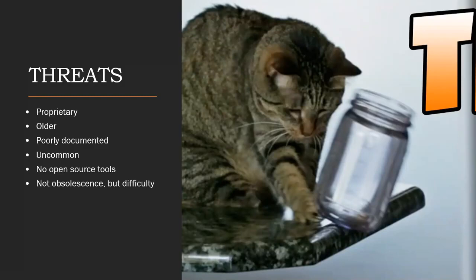That can be risky because if that company goes out of business and it's no longer supporting the file format, and it's no longer providing tools or specific software that are required to render information on a file format, then that can make it more difficult for archives to provide access to that record.